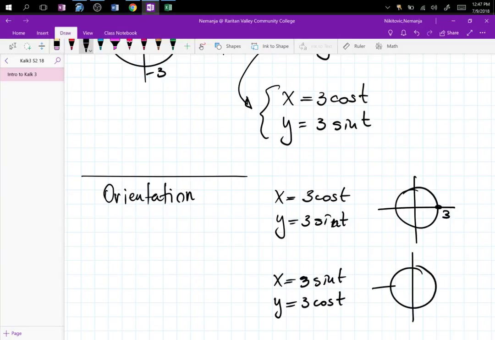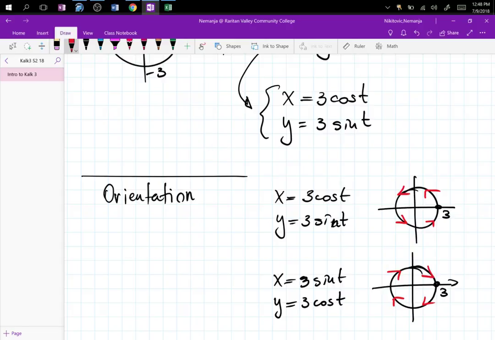What's the difference? The difference is orientation. The upper one has orientation counterclockwise, and the one on the bottom has the clockwise orientation. This is simply tracing in time which way the function develops as you compute these guys.